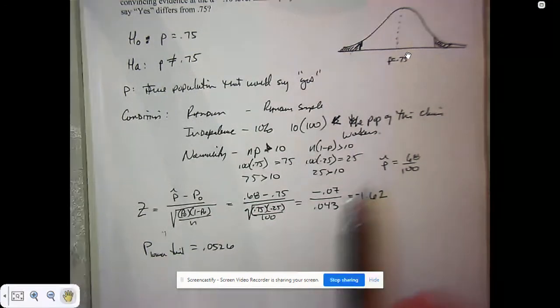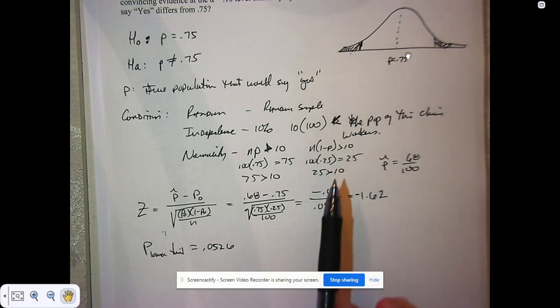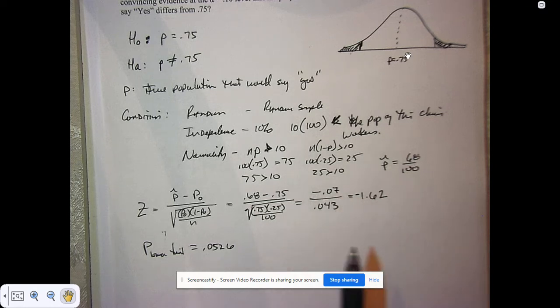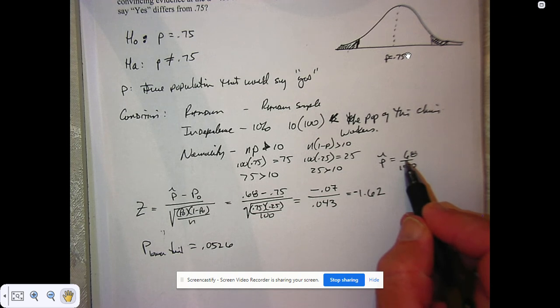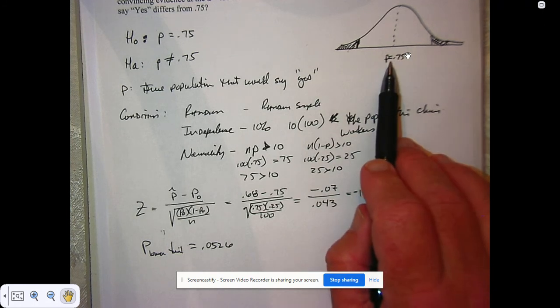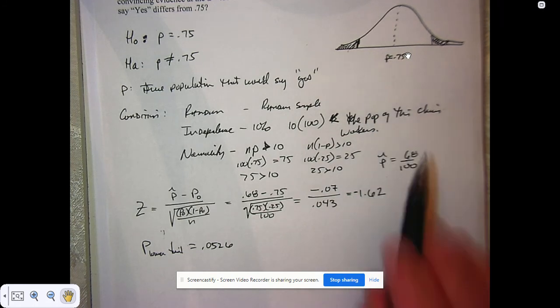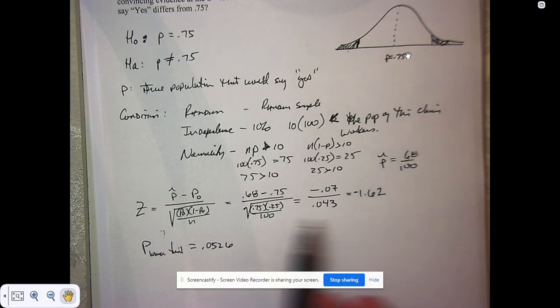So having a statistic of 0.68 proportion, if the true population proportion is 0.75, getting something as low as 0.68 will happen with about 0.0526 probability.